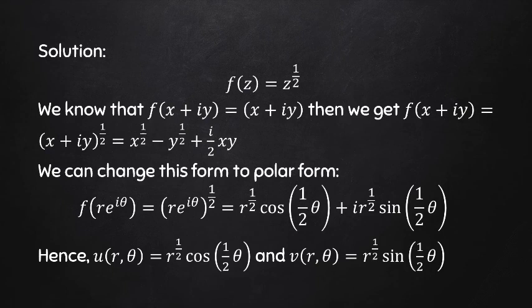Hence, we get u(r, theta) equals r to the power of a half cos of a half theta, and v(r, theta) equals r to the power of a half sin of a half theta.